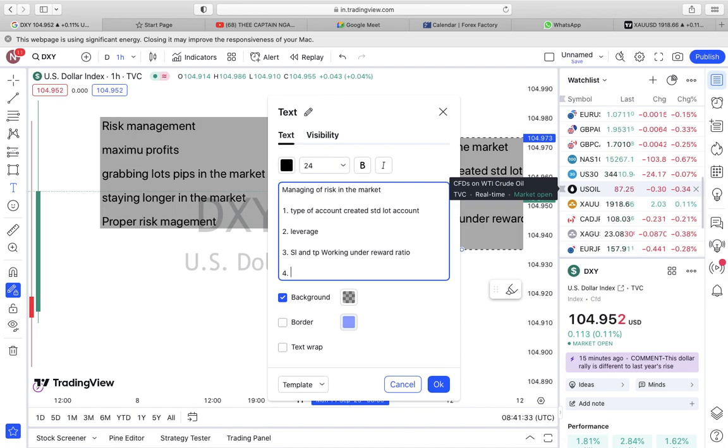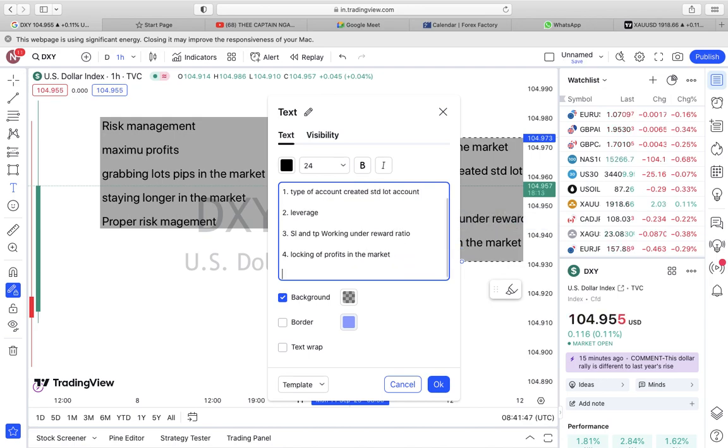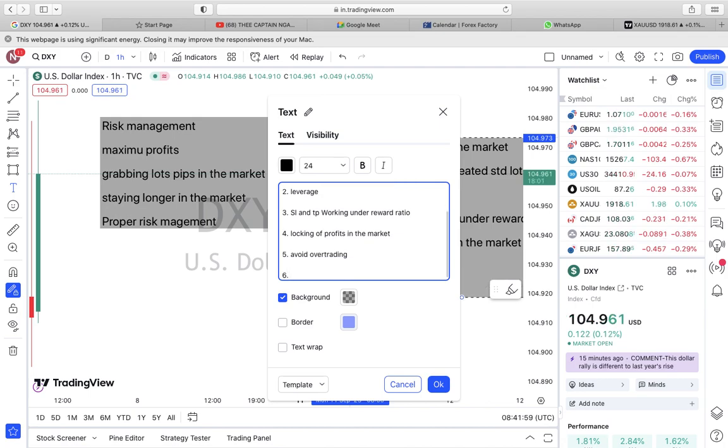Another thing is locking of profits in the market. Another thing is avoid overtrading. That is another thing.